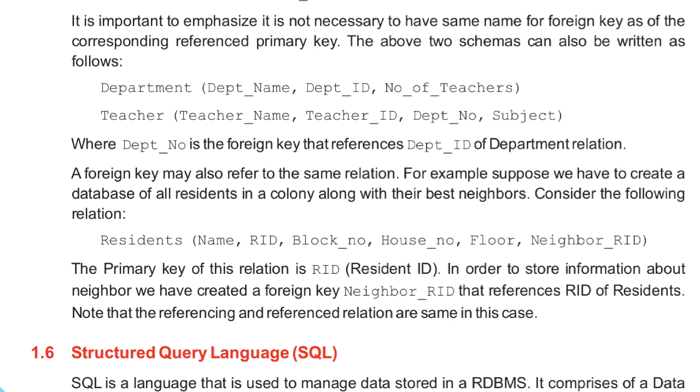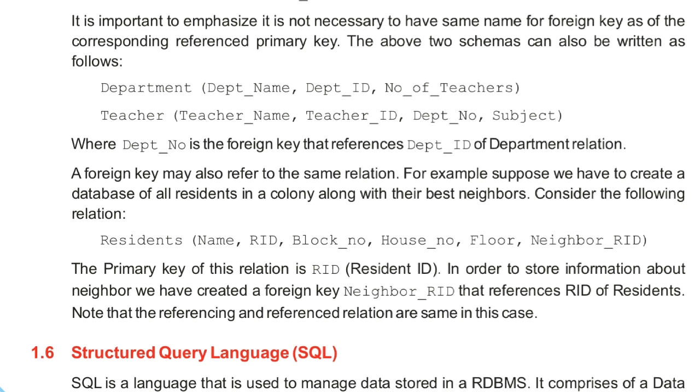This relation consists of the attributes name, RID, block number, house number, floor and neighbor RID. This RID, that is resident ID, is the primary key, because each and every resident has a unique ID.